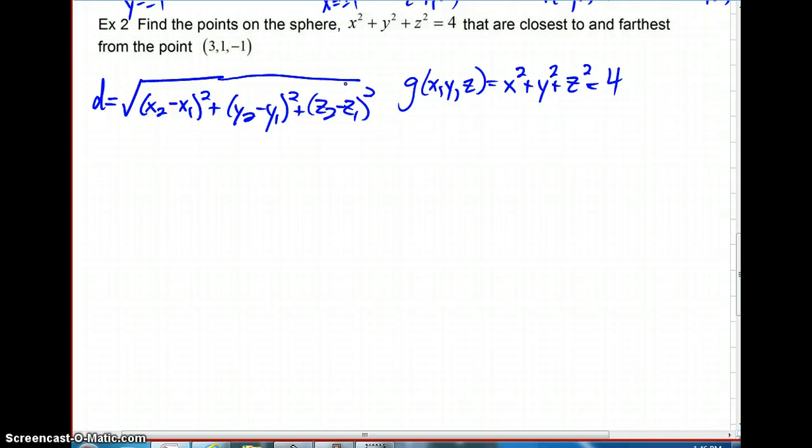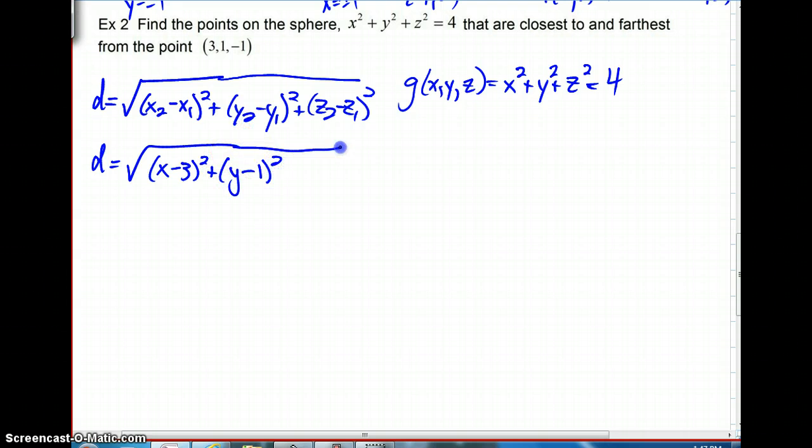We don't know what that is exactly, but we could call that point x, y, z. So our distance is going to be the square root of (x minus 3) squared plus (y minus 1) squared plus (z plus 1) squared.